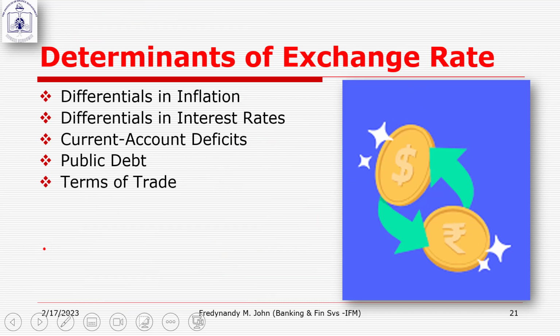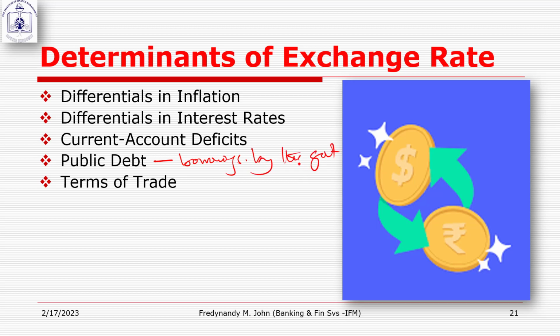Public debt simply means the amount of money that your government borrows in order to finance public expenditure, borrowings by the government. So your government sometimes can borrow externally and internally. Okay, we have external and internal borrowing.